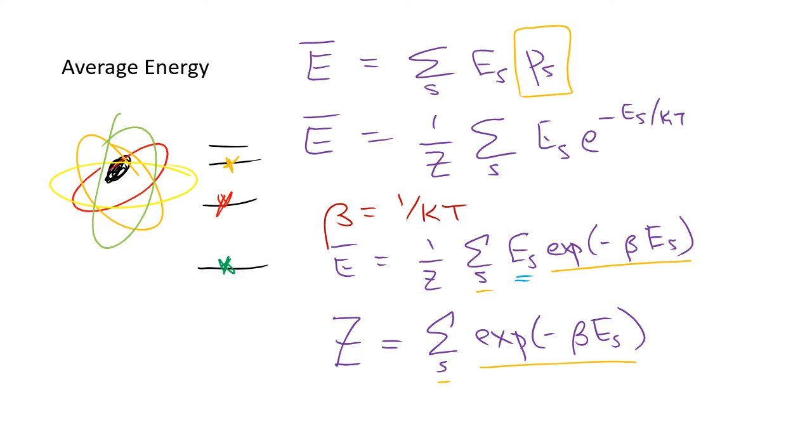So this leads us to wonder, is there any way I could turn this into something that looks like this? And you can stare at it for a little while. Feel free to pause if you want to, but anyway, you could stare at it for a little while and then realize that a derivative of this would bring down a factor of E_s.